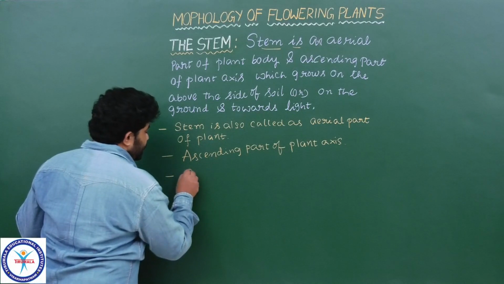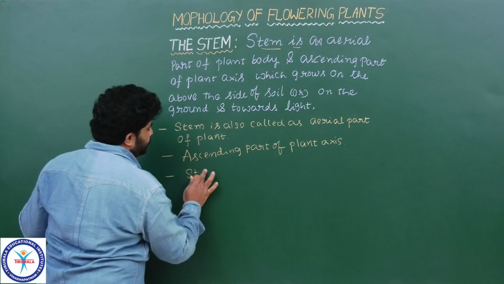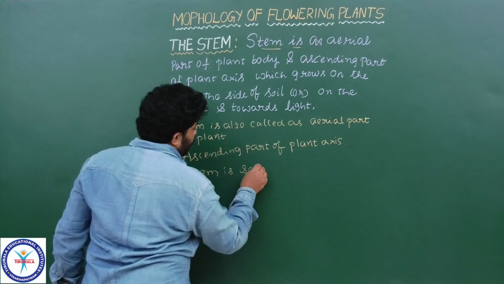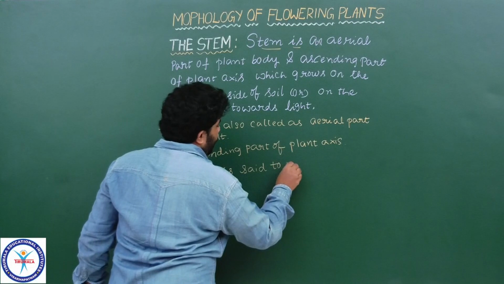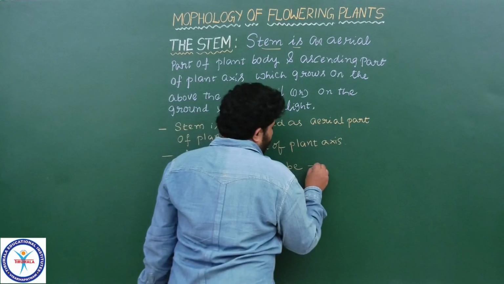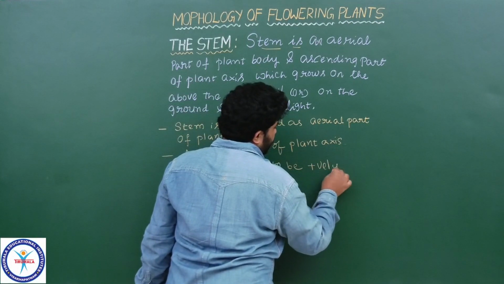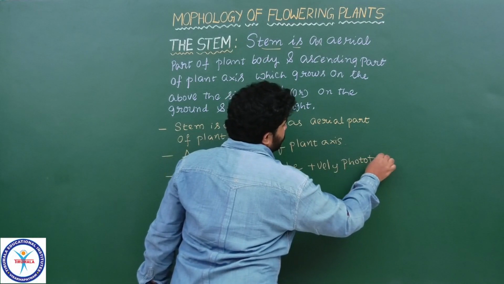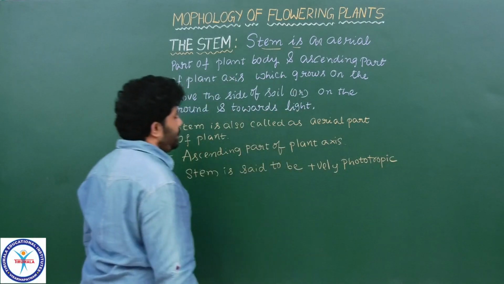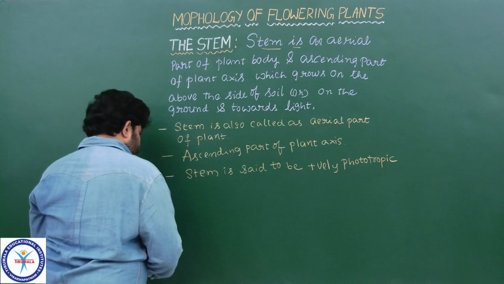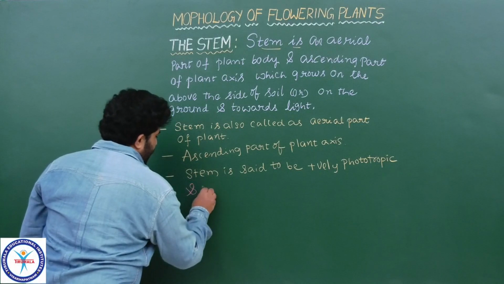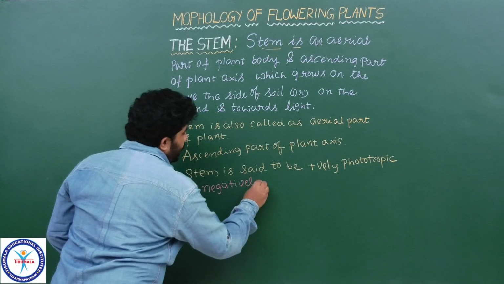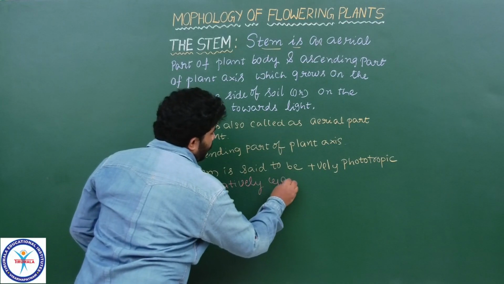That's why stem is said to be positively phototropic. Photo means light here. Phototropic, and negatively geotropic.